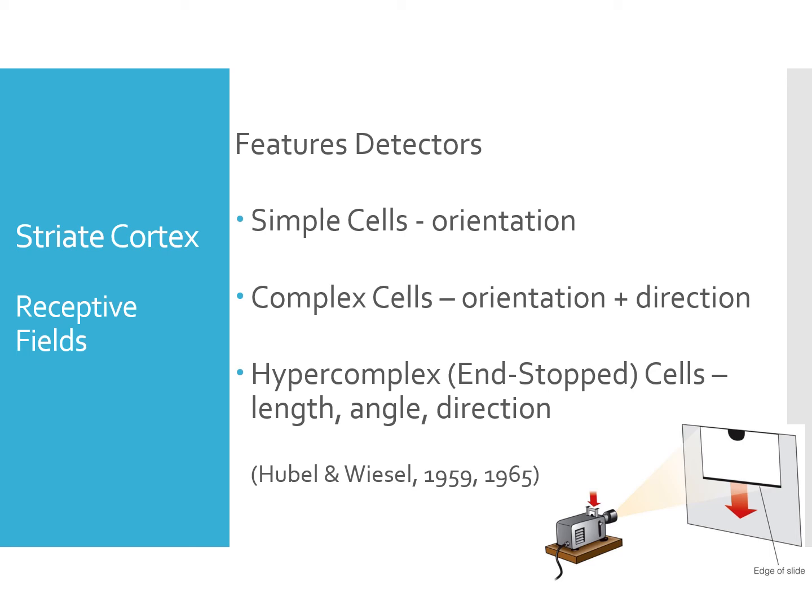But here it's showing that one day what happened was they had the cat hooked up to the machinery and everything, and the slide got stuck so that it ended up showing just the horizontal line. And actually, I think it was the movement of the horizontal line coming down. And that's when the neuron fired.